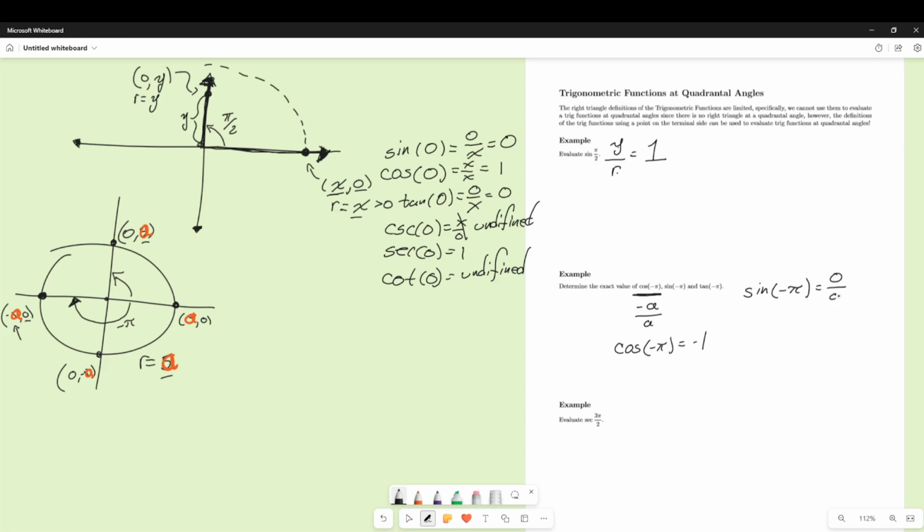I'm calling it a over here, but it doesn't matter, it's going to be 0. Tangent at negative pi, well, let's use our identity. It's the sine over the cosine, because that was our quotient identity. So the sine of negative pi was 0, and the cosine of negative pi was negative 1. 0 over negative 1 is 0. Or we could have said the y over x, 0 over negative a, still 0.